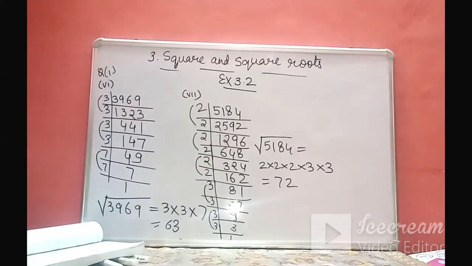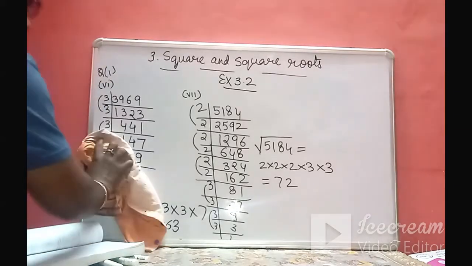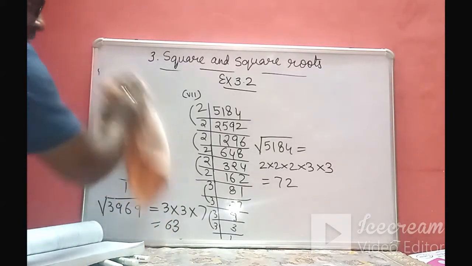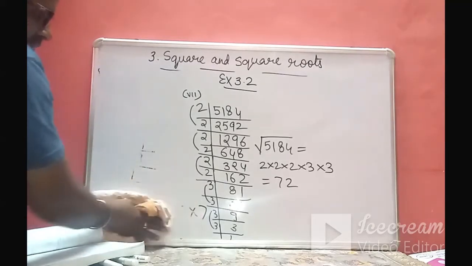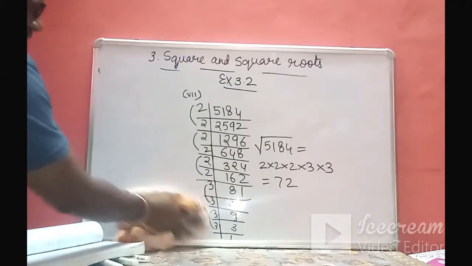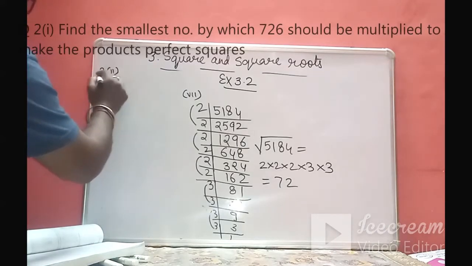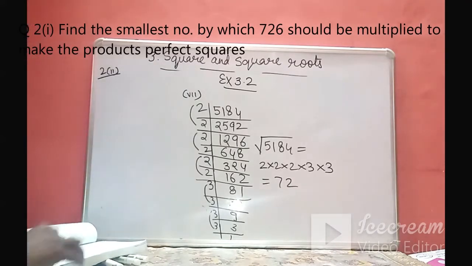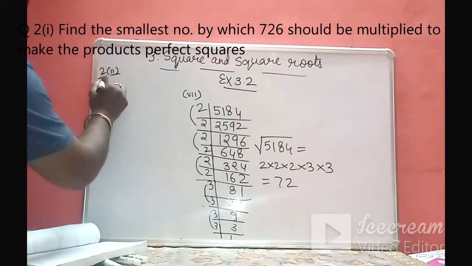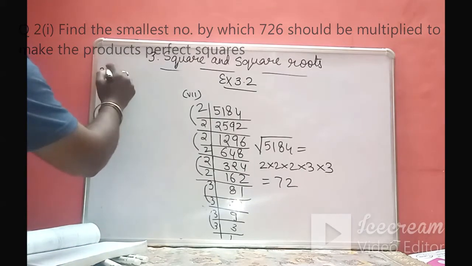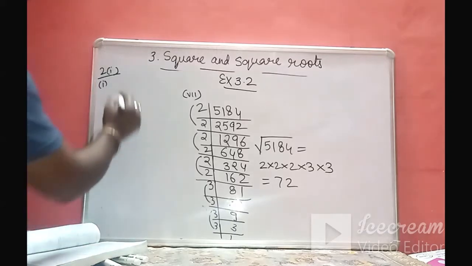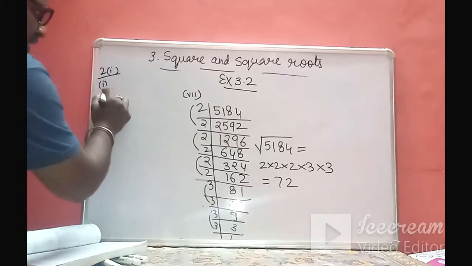We have to do the prime factorization. Now in this we have to find the smallest number by which 726 should be multiplied. I am doing the first part. So the number is 726.